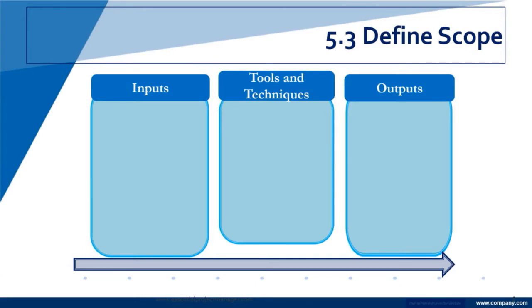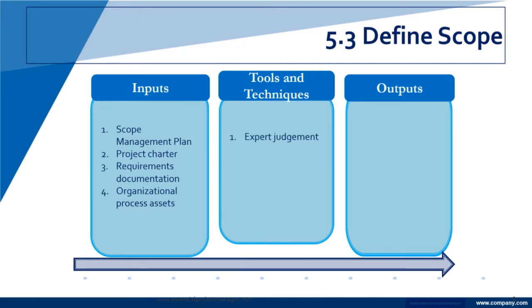So here we're going to define scope. We're defining scope. And our inputs are our scope management plan, the project charter, requirements documents, our organizational process assets.